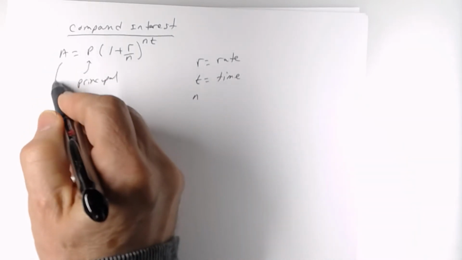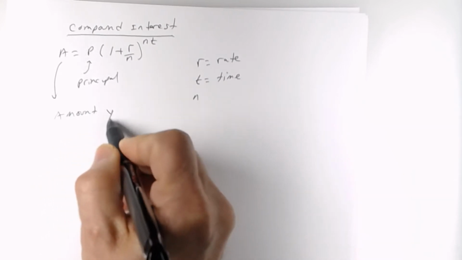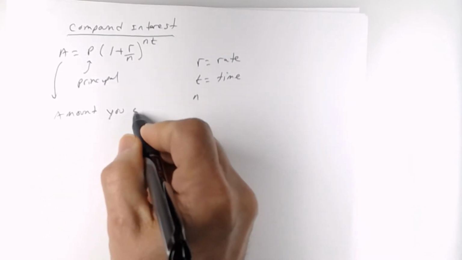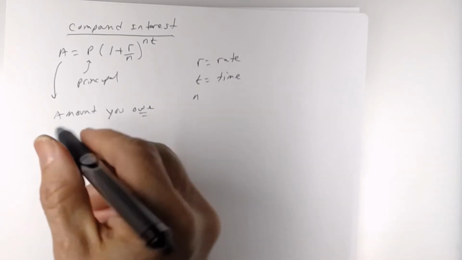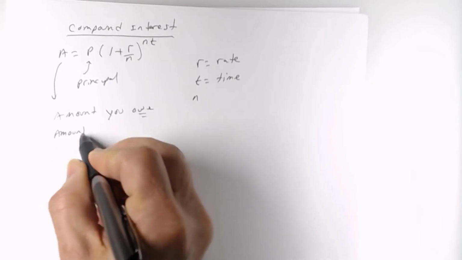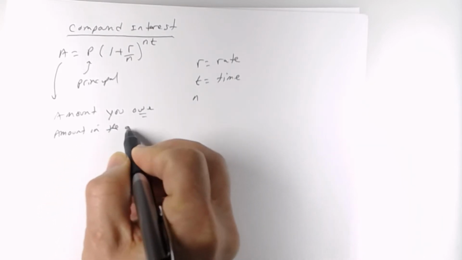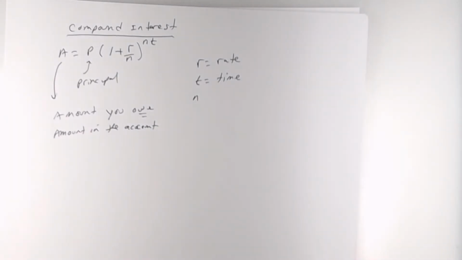So A is the amount you, let's say, owe. A is the amount you owe. It could also mean the amount that's in the account. For example, your credit card debt.